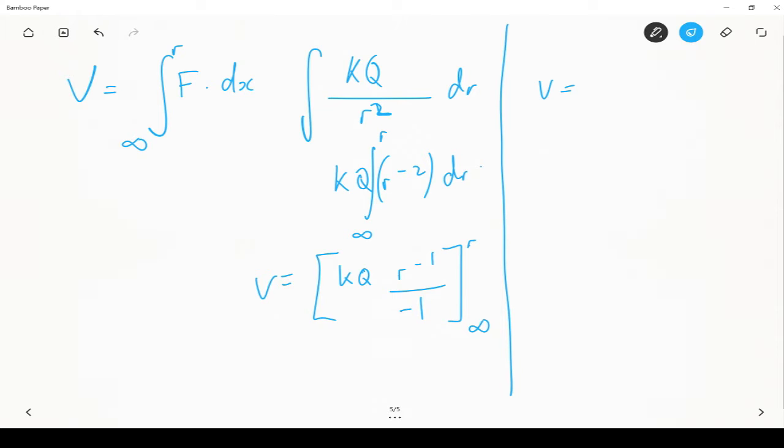We have K, Q, need to put a minus in there because of that minus 1 here, minus KQ over R, let me just redo that, let's tidy this up, KQ over R minus KQ over infinity. Now I know exactly what you're thinking, anything over infinity is 0, so minus infinity, nobody cares. So V is equal to minus KQ over R.